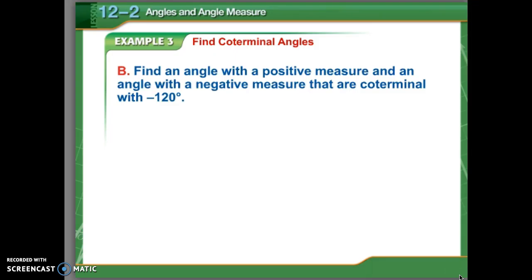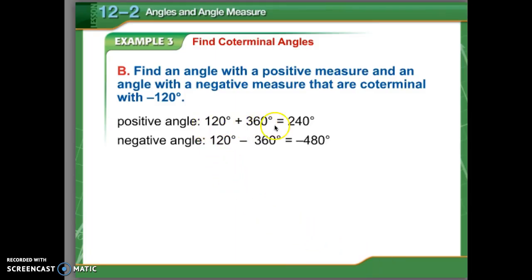Okay, part B, we're going to find an angle with a positive measure and an angle with a negative measure that are coterminal with negative 120. So again, what we're going to do is start with negative 120 and add 360. You can see here that they have forgotten the negative sign.